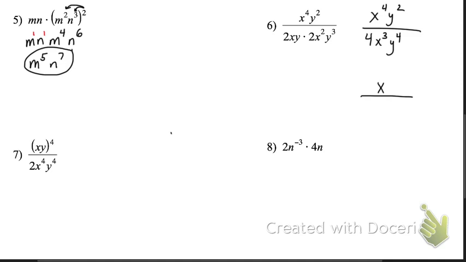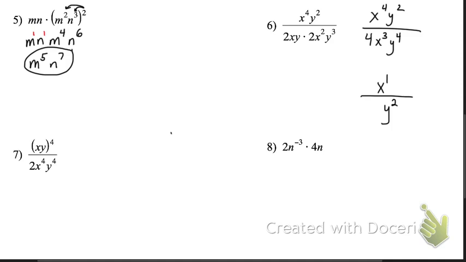So I'm going to have an x to the 1st, and since the power was higher in the numerator, the x to the 1st will go there. For the y's, the powers are 2 apart. It's 2 higher in the denominator. So I know I'm going to have a y to the 2nd, and since the power was higher in the denominator, I'm going to have my y to the 2nd in the denominator.